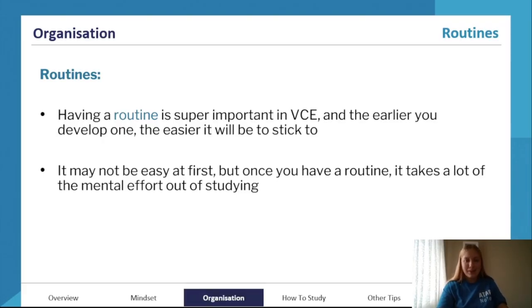You will slip up every once in a while, but once you have a routine, it will remove the mental effort out of studying and viewing it as a tedious task. When you make it a routine, it will just feel like all of the other things you do in your daily life. Like, I got home from school, now I'm gonna study, then I'm gonna rest.